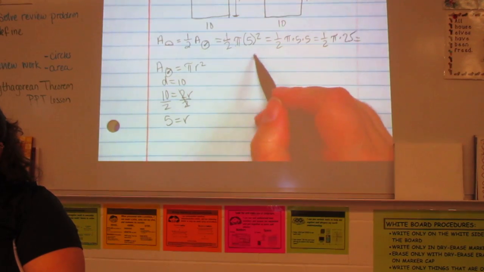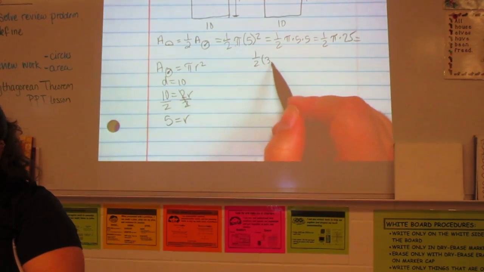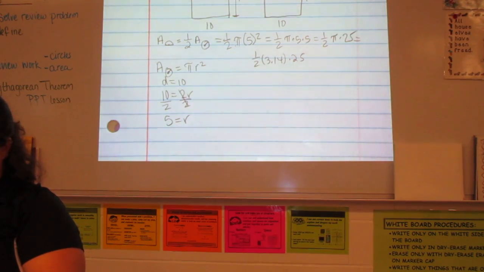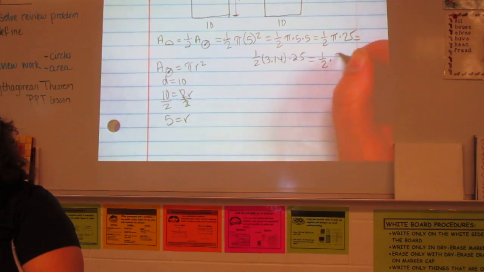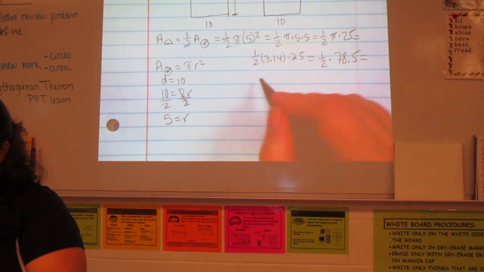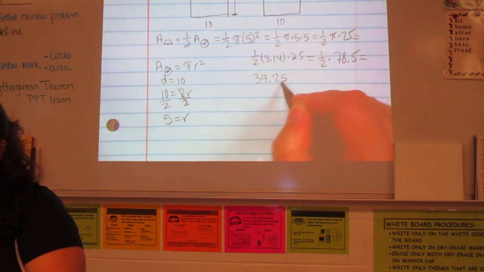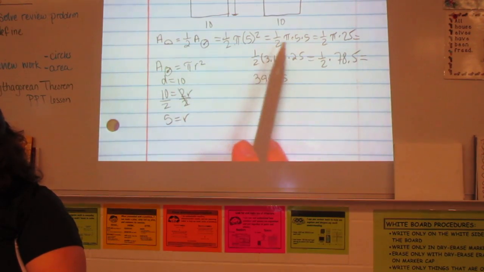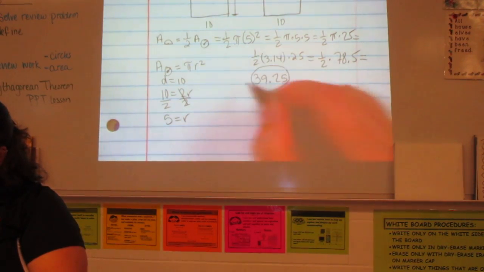That's equal to half times 3.14 times 25, which is equal to half times 78.5, which equals 39.25. This is the area of my semicircle because I did half the area of the circle.